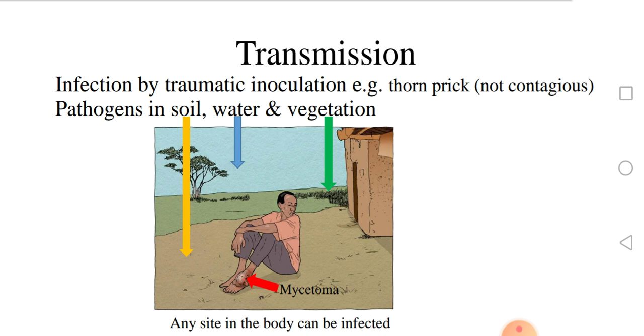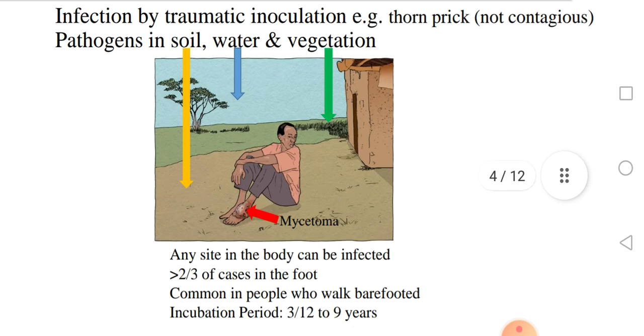The pathogens are found in soil, water, and vegetation. So you see here, the colored arrows are pointing to the possible reservoir of the pathogens.